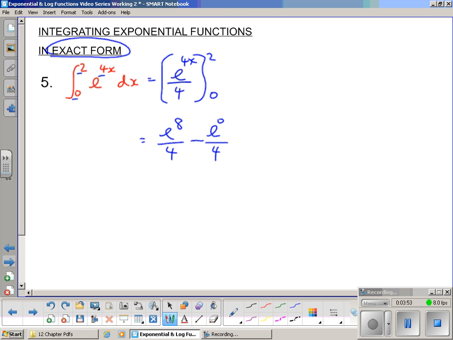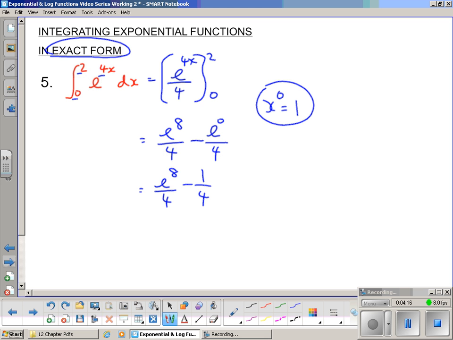Now normally when you're subbing 0 in, the whole term disappears or becomes 0, but here we have e to the 0, which is equal to 1. So we have e to the 8 on 4 minus 1 on 4, because as you know, anything to the power of 0 equals 1 from our indice rules from previously.